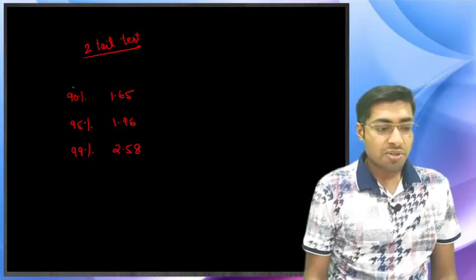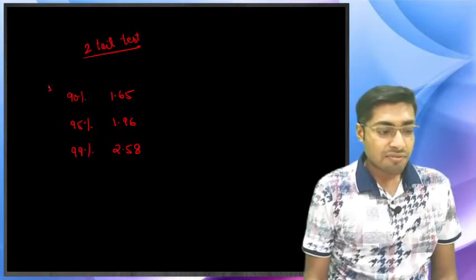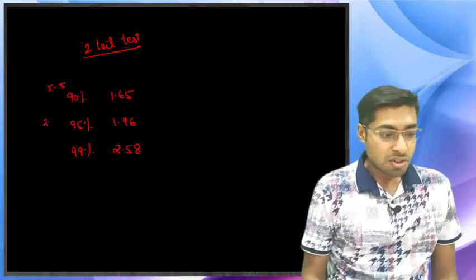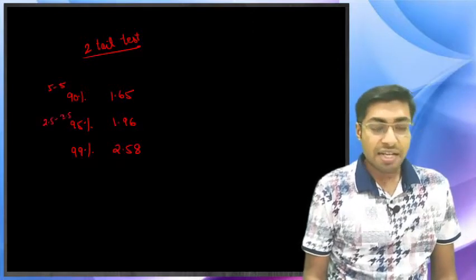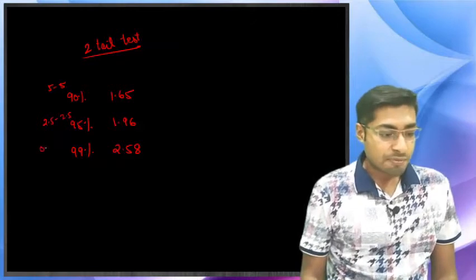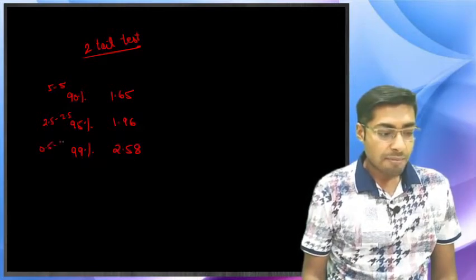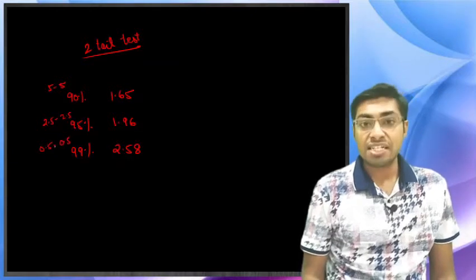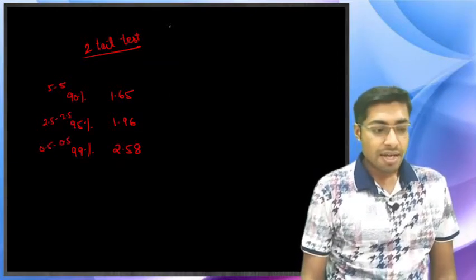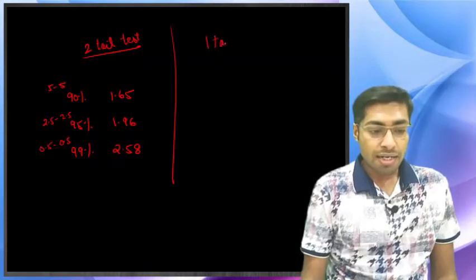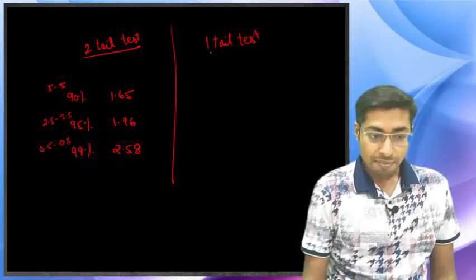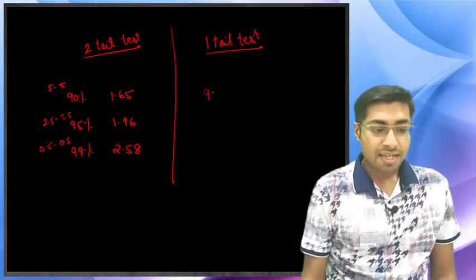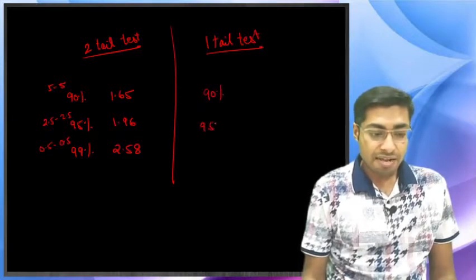Remember, when I use 90% over here, there is 5% and 5% under each tail. For 95%, there is 2.5 and 2.5 in each tail, and for 99%, there is 0.5 and 0.5 percent in each tail, right? And now when we do a one-tail test, if I use the word 90%, 95% and 99%, then how will this be?